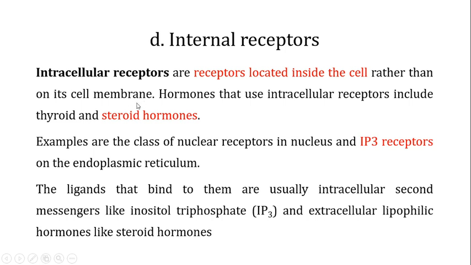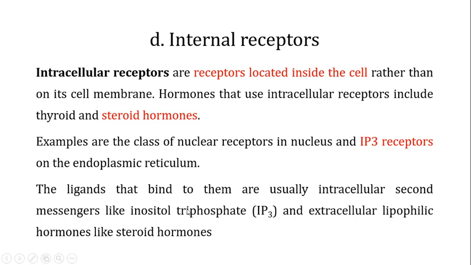The most important receptors that are present inside the cell are for the hormones, especially the thyroid and steroid hormones. One of the most important examples of the internal receptors is the IP3 receptors on the endoplasmic reticulum.